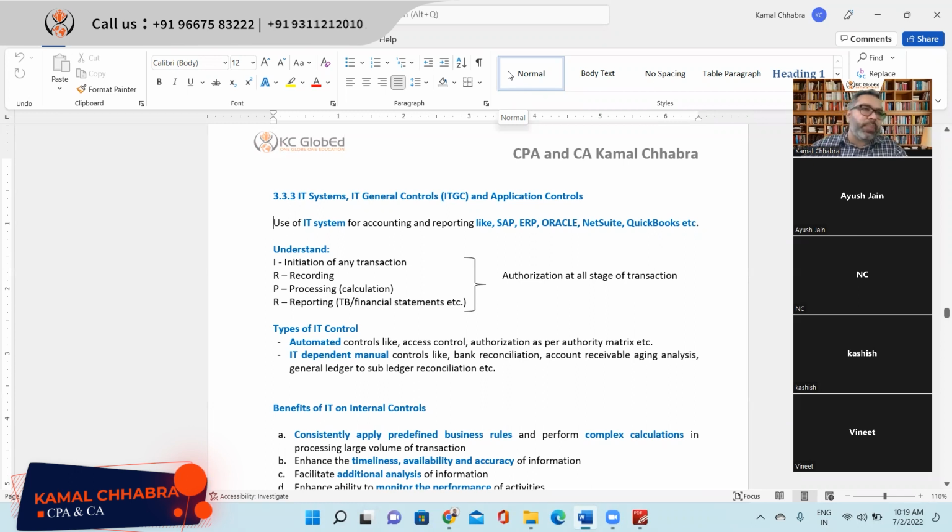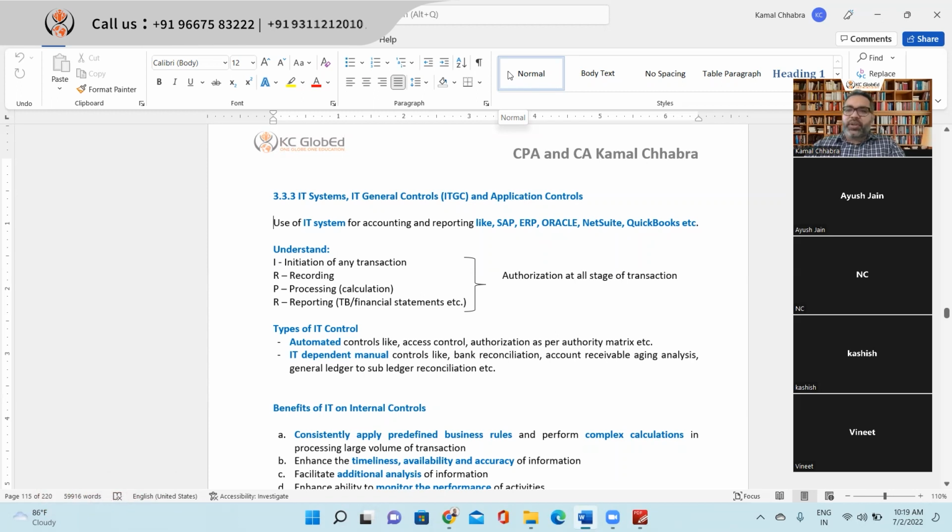Because once you issue the purchase order, there is a commitment you have given to a third party. Till then it is in a PR stage, it's an internal matter, you have no commitment to any third party. But once you have issued the purchase order to the third party, that means it's your commitment. So there it comes to the recording section. And once you receive the material, you are liable to pay, so that also comes in the recording section.